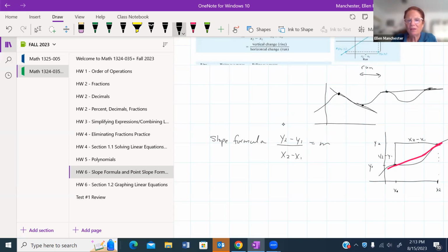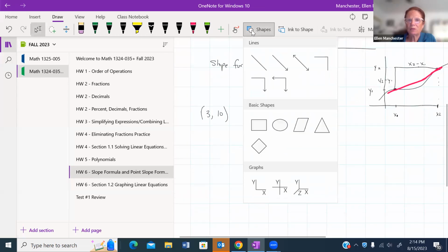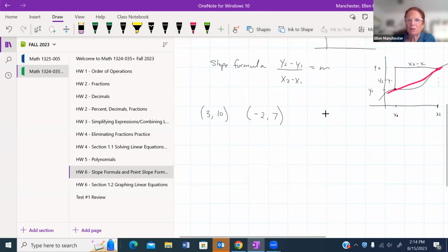So let's say that our first point was 3 and 10, and our second point was -2 and 7. These are our points on our graph, right? So if you remember graphs, there's our graph.